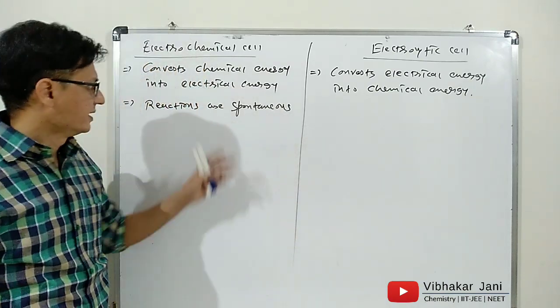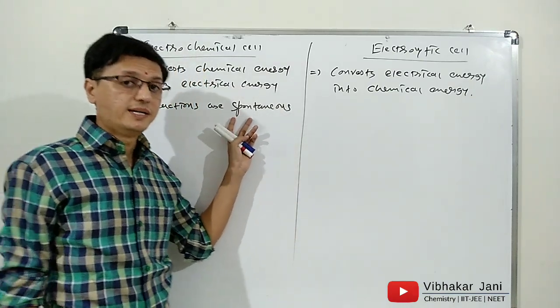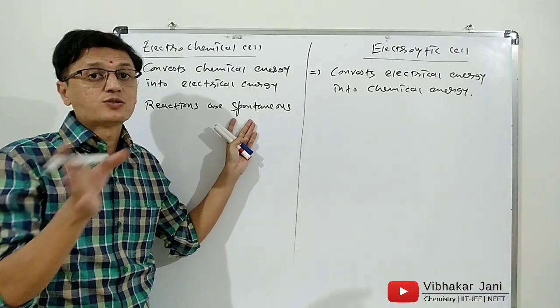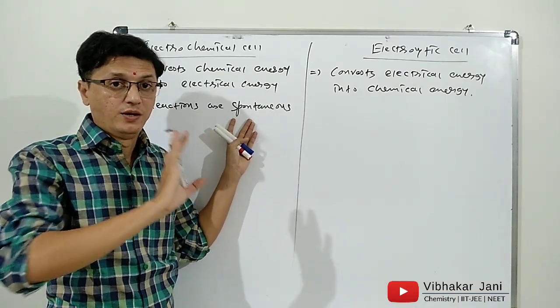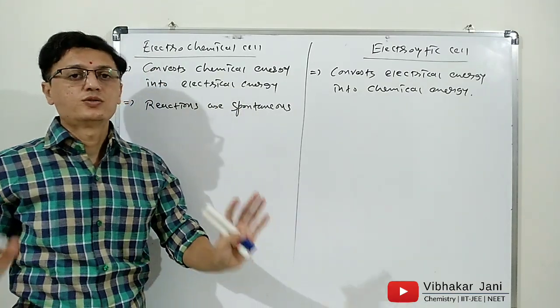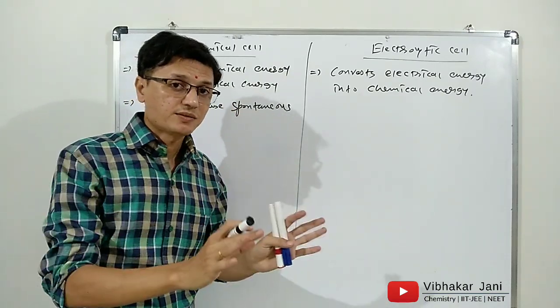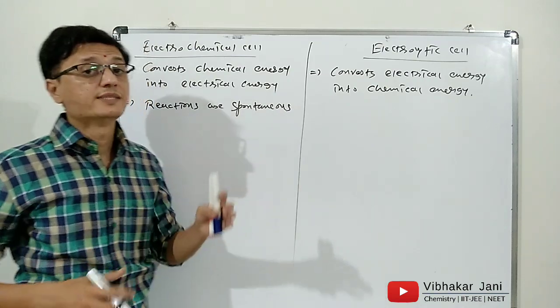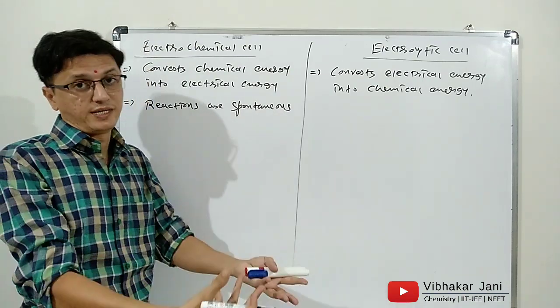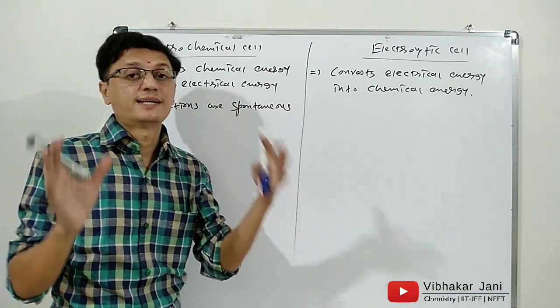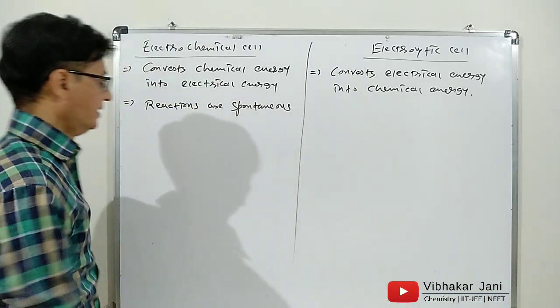That means the reaction is said to be spontaneous. It happens on its own. All we have to do is to set up an electrochemical cell. The rest will be done automatically. That means electricity will be produced automatically if we properly set up an electrochemical cell.